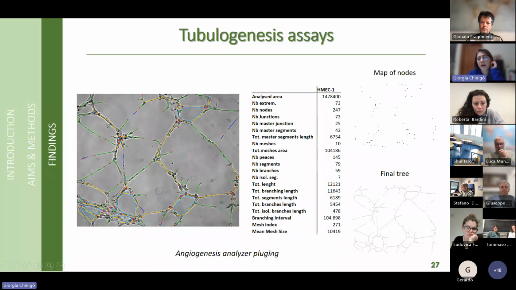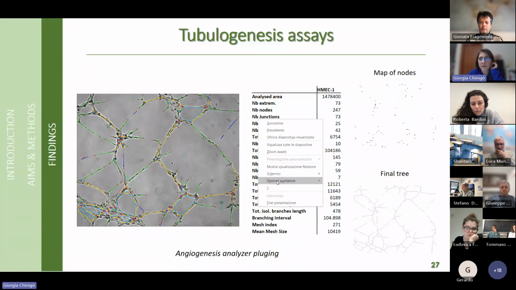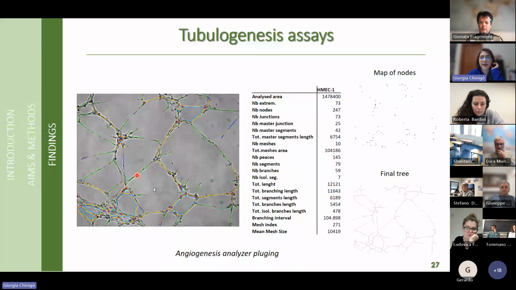By simply applying a free plugin, for instance, the Angiogenesis Analyzer plugin for ImageJ, we are able to measure a lot of parameters about our vascular network, thus evaluating the complexity and the maturity of the network, and so the ability of our endothelial cells to form a more or less complex vascular network.